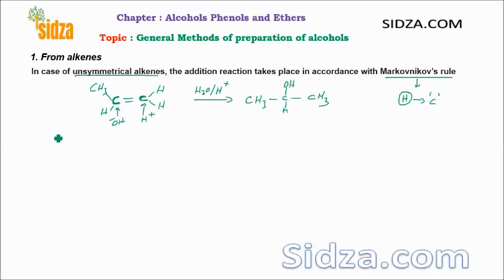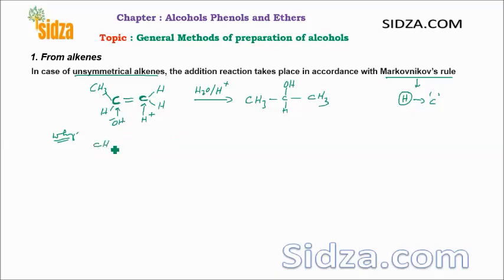Now we can ask why the addition occurs as per Markovnikov's rule. Why should the electrophile attack the carbon with more hydrogen atoms? It's because the intermediate that you get during this addition reaction will be a more stable carbocation. Let's take the same molecule here.